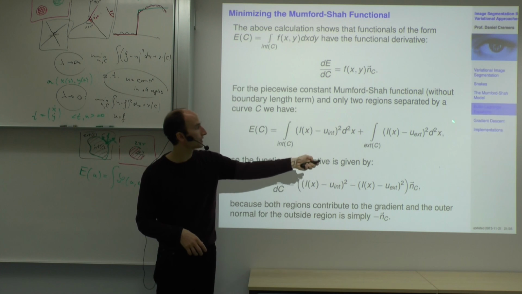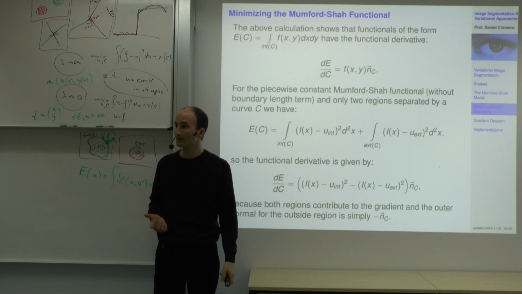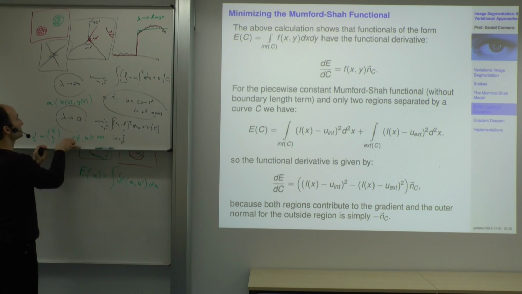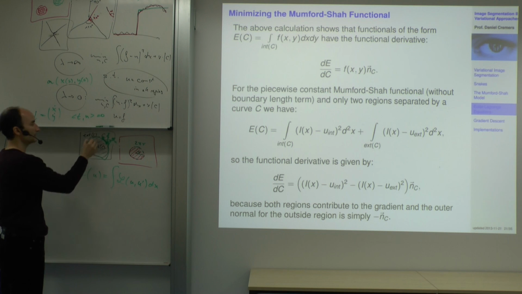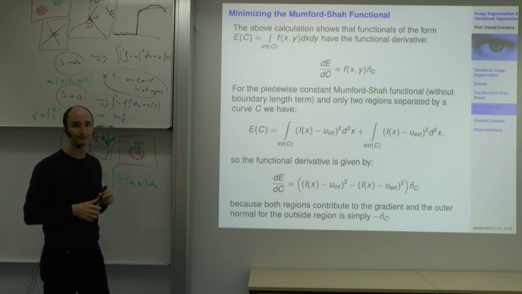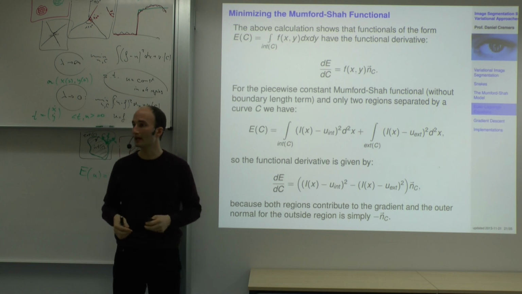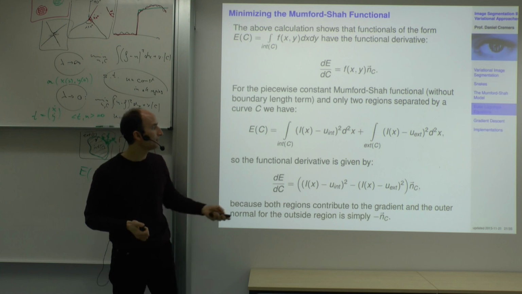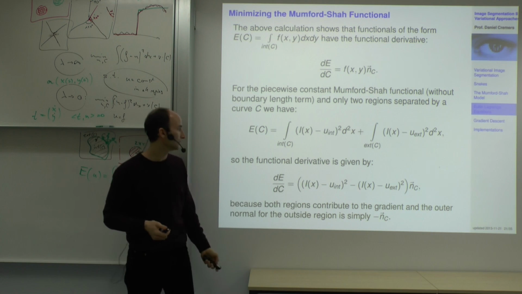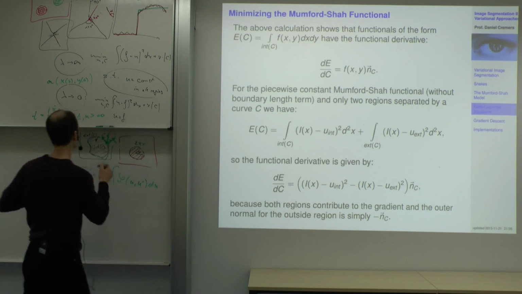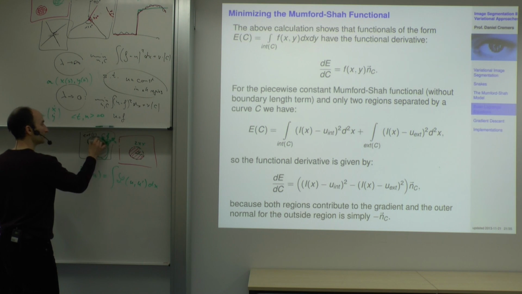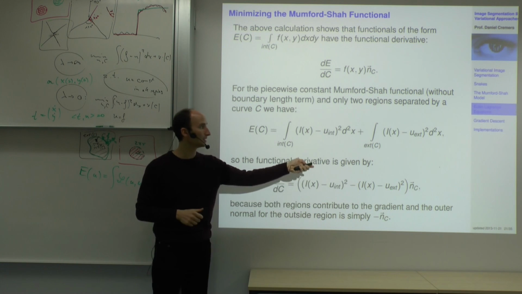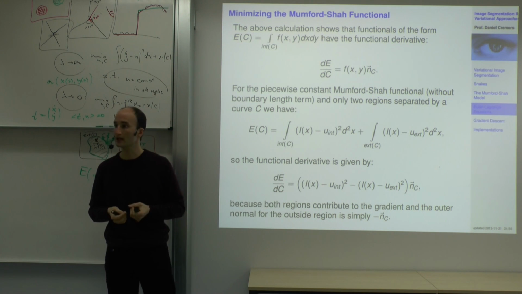Well, it turns out for the complement region, it's actually the same. Because the complement is in some sense equivalent to the interior, except that the normal is pointing the other way. Right? So we can redo the same calculations for the exterior region, and we'll find it's the same. So if NC is the outer normal, then this here is minus NC, the inner normal. And so then we get minus NC times I minus U exterior squared from the outside.